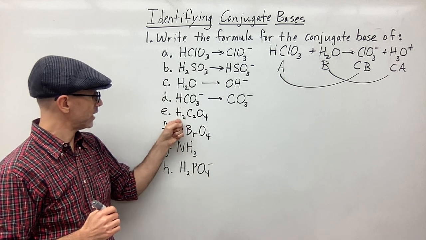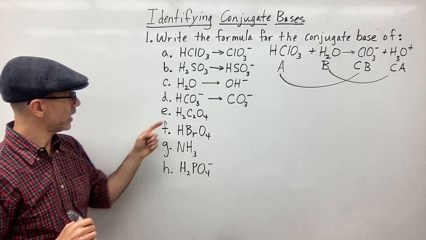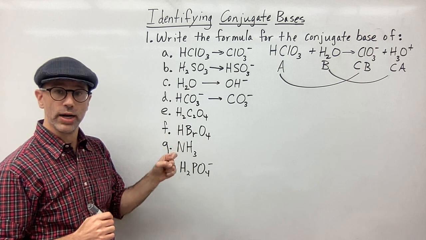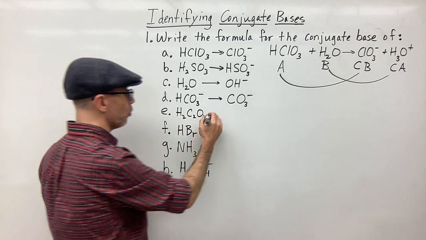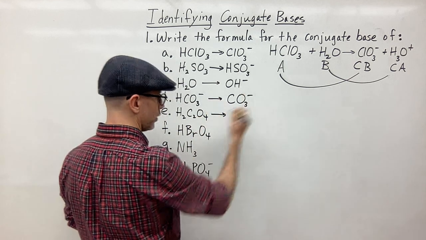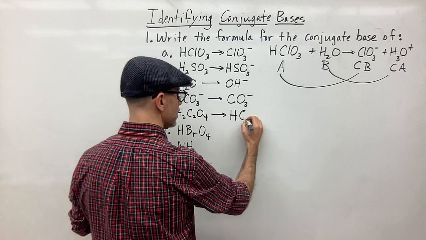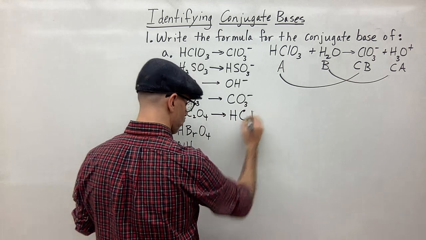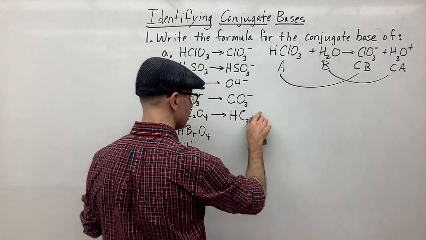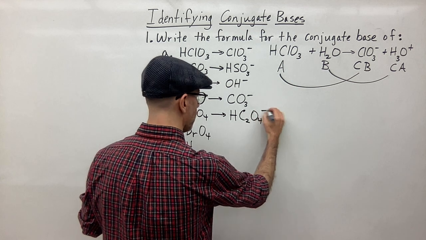Next we have H2C2O4, oxalic acid. Here it's going to lose one hydrogen. What's left after losing one hydrogen to water or whatever it is? There would be HC2O4 minus.